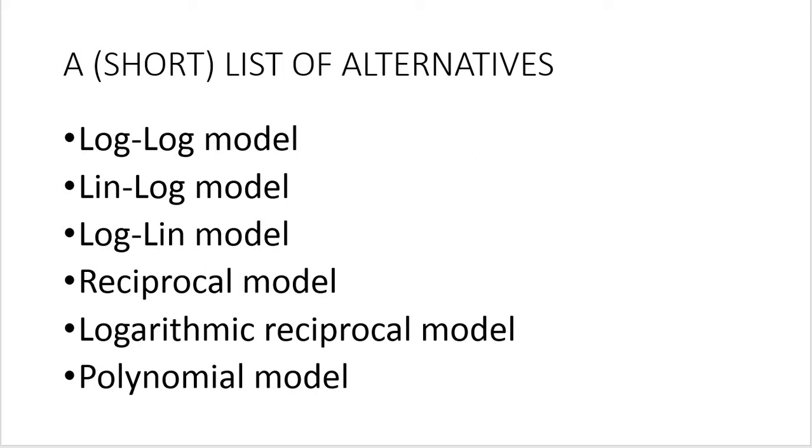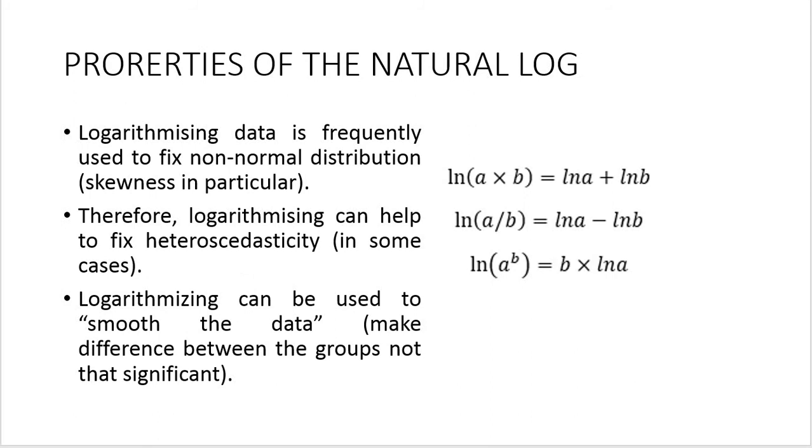So we will start with log-log, lin-log and log-lin models. And before we do, I would like to discuss very briefly the properties of the natural logarithm. Those are the formulas you might need for mathematical transformation of a regression model, because this is what you start with.